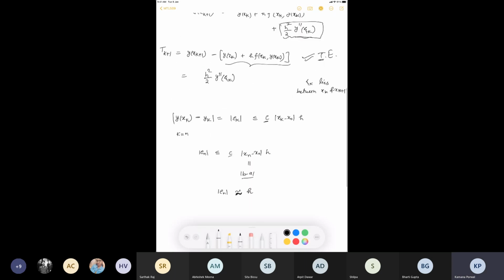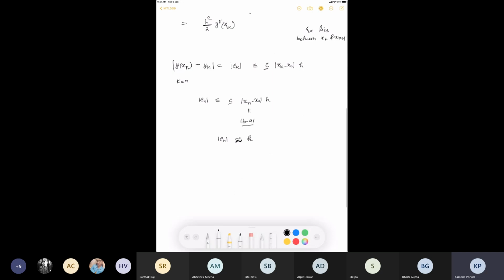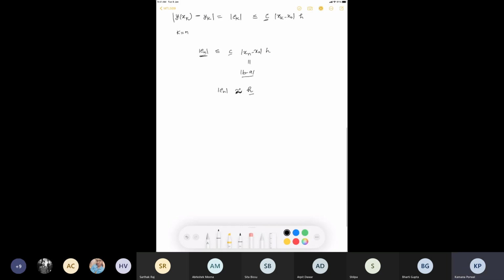Okay, so the two observations from here: the truncation error is behaving like h square, but the global error behaves like h. So you can treat this as a remark.